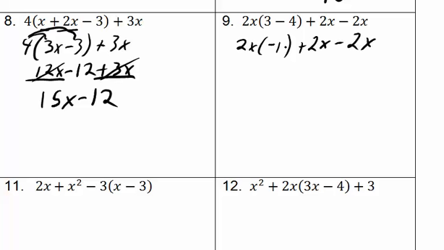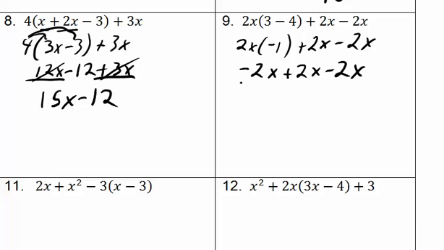And we're going to do our multiplication. So 2x times negative 1, so it's 2 times negative 1 is negative 2x plus 2x minus 2x. No more multiplication or division, so we're going to add and subtract, but that's combining like terms. So I can do all 3 of them at once if I can do that in my head.